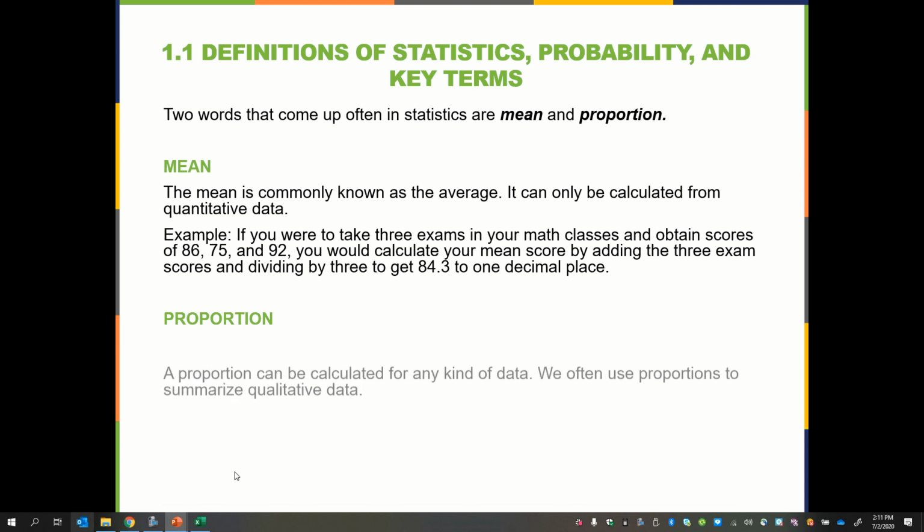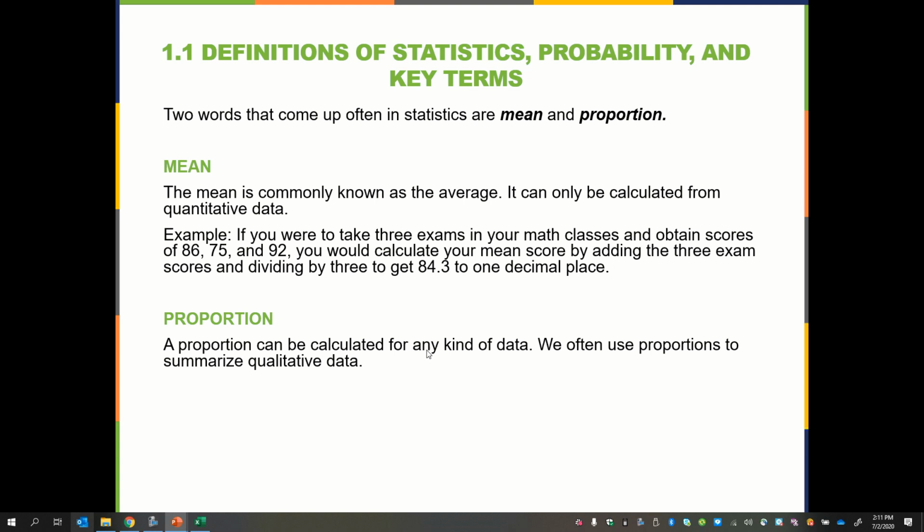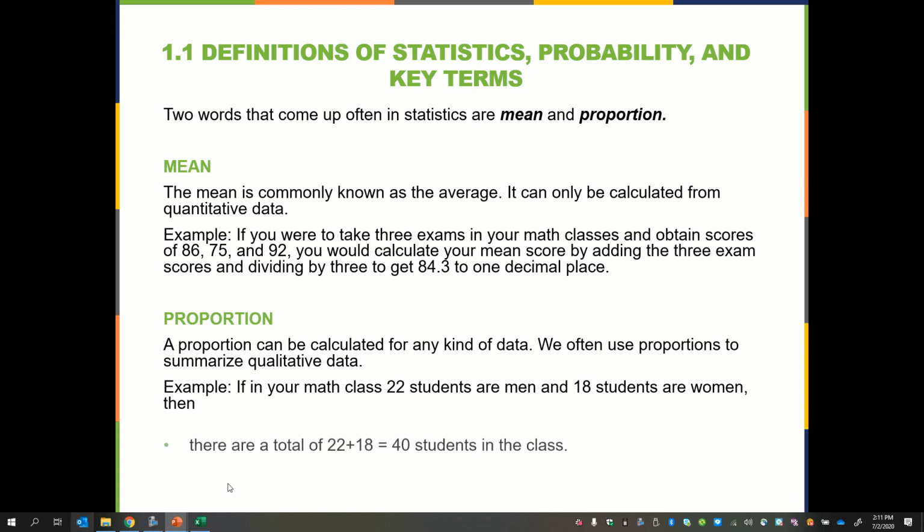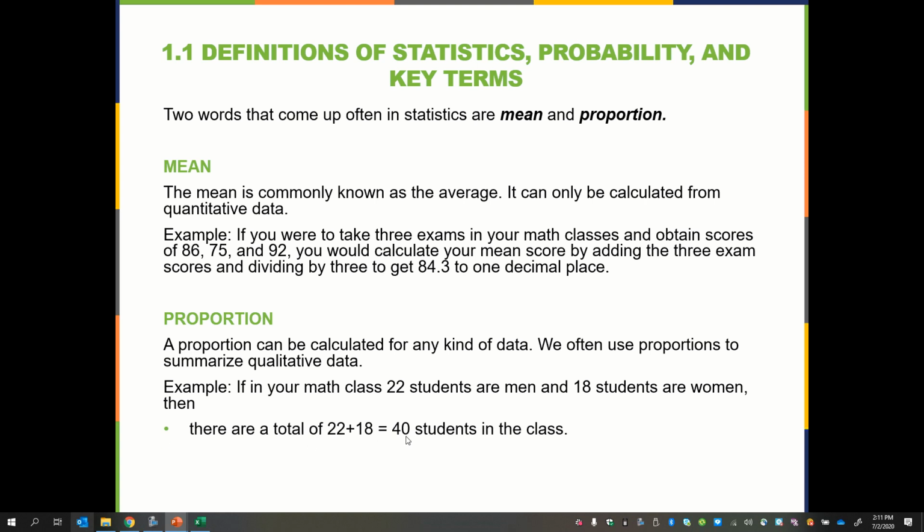A proportion can be calculated for any kind of data, not just quantitative, and it's commonly used to represent qualitative data. For example, if your math class has 22 students who are men and 18 students are women, then assuming that's all the students in the class, we would have 40 students as a total.